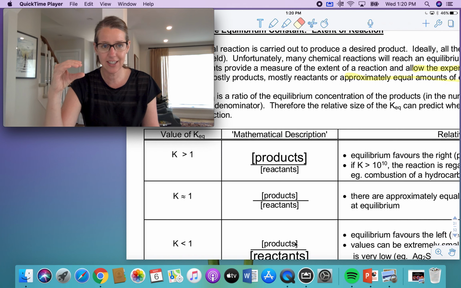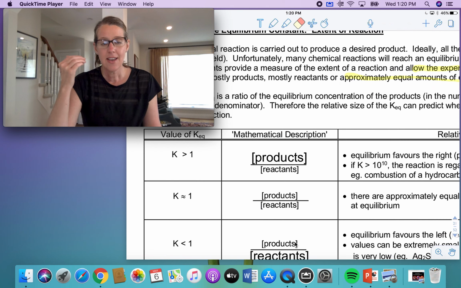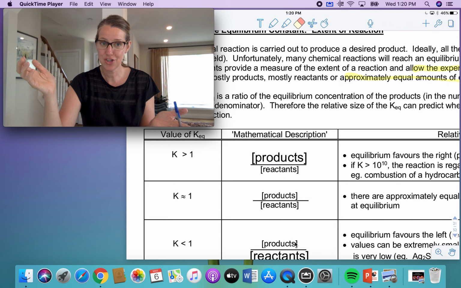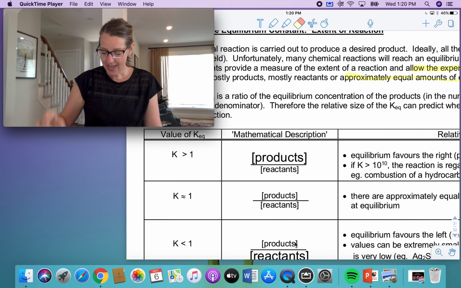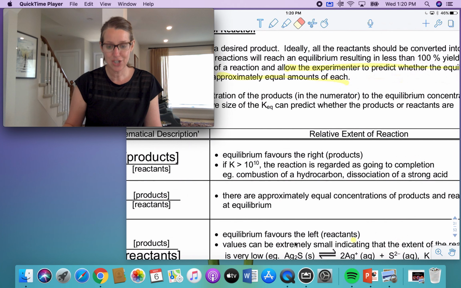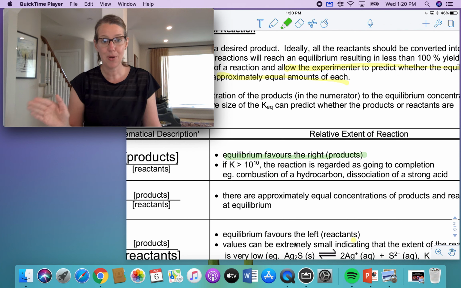Because you're calculating the concentration of the products over the concentration of the reactants, if the product concentration is greater than the reactants, then mathematically you're going to have a number that's greater than 1, because you're going to have a bigger number divided by a smaller number. So that should make sense. When that happens, there's a bit of terminology that we use: equilibrium favors the right, favors the products, is in the forward direction.